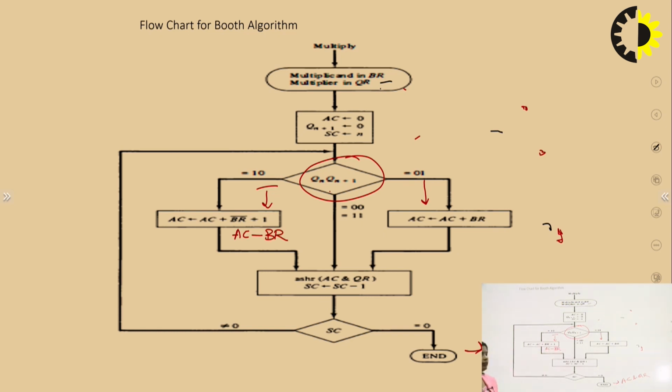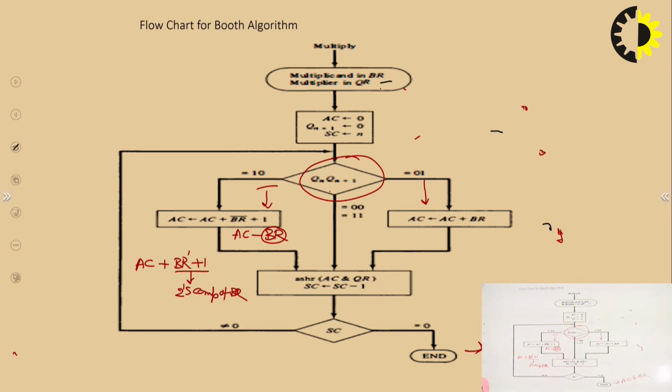And in the Booth algorithm, when we subtract any number, the 2's complement is always used. So, the 2's complement of BR means what? BR complement is the 1's complement, and the 1's complement plus 1 is actually the 2's complement of BR.